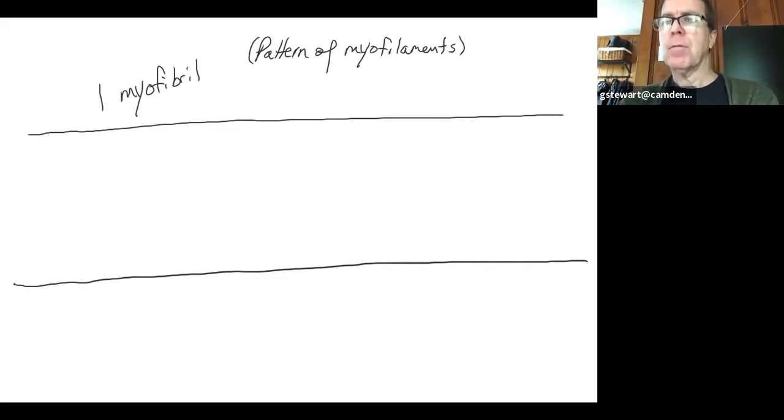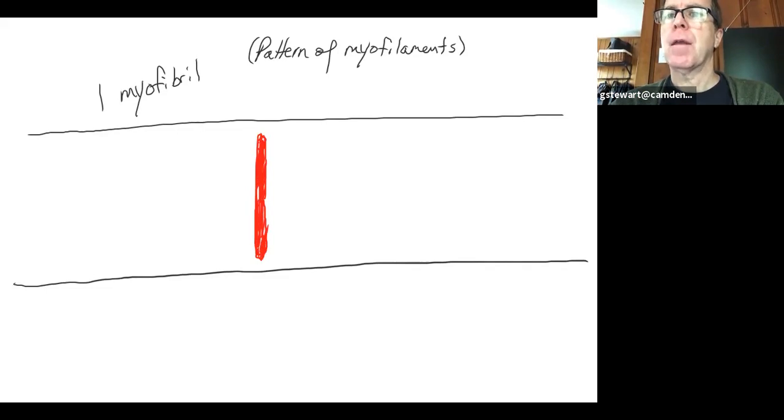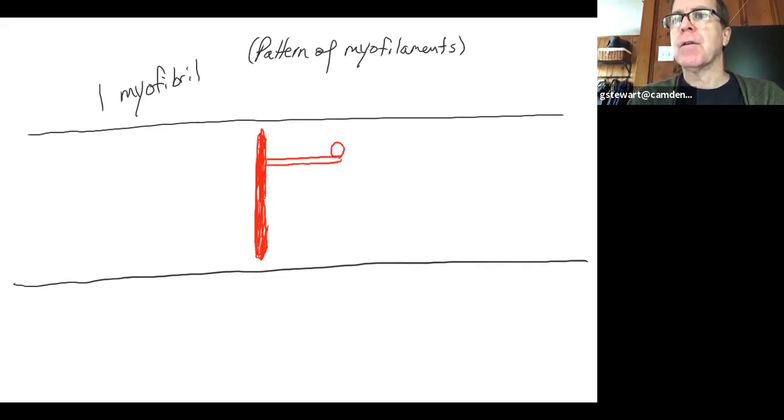All right, so I'm going to draw first a straight red line this way. It's kind of hard to draw a perfectly straight line on a vertical glass surface. I need to draw sort of a stem in this direction. Now I'm going to draw the thick filaments. They emanate out from this and they have a globular head on them.